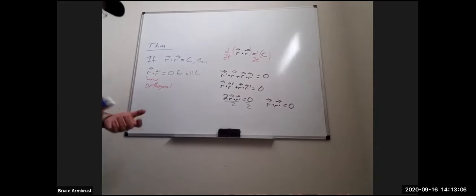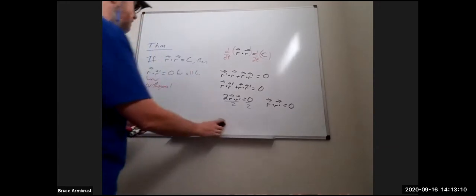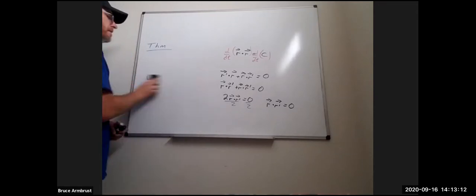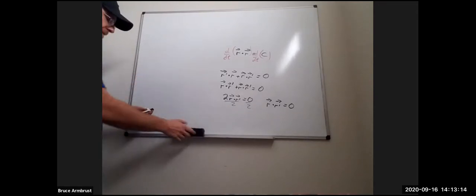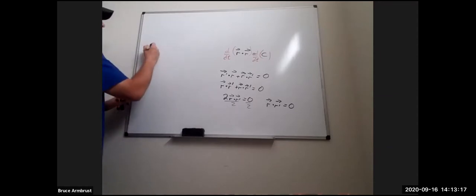This has to be the dot product. Because check this out, if it were the cross product, watch what happens. So let's try the same thing. Let's say we've got r crossed r.